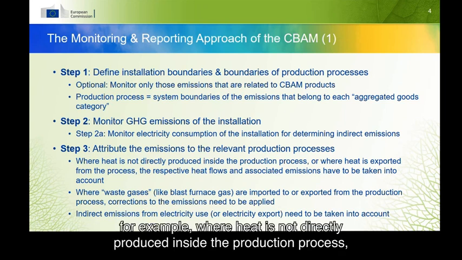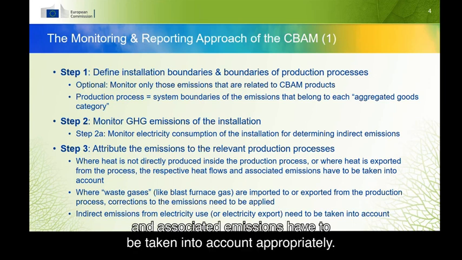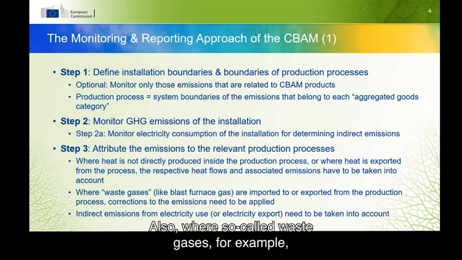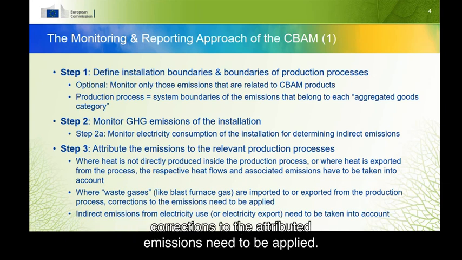For example, where heat is not directly produced inside the production process, or where heat is exported from the process, the respective heat flows and associated emissions have to be taken into account appropriately. Also, where so-called waste gases, like for example blast furnace gas, are imported to or exported from the production process, corrections to the attributed emissions need to be applied.